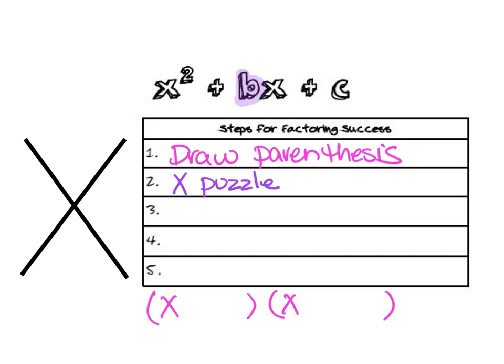And so that b value will go in the addition spot, which is down below. So this is the add. Now the c value, which is this one here, will go up top. And this is the multiply. And this will make sense here in just a second.